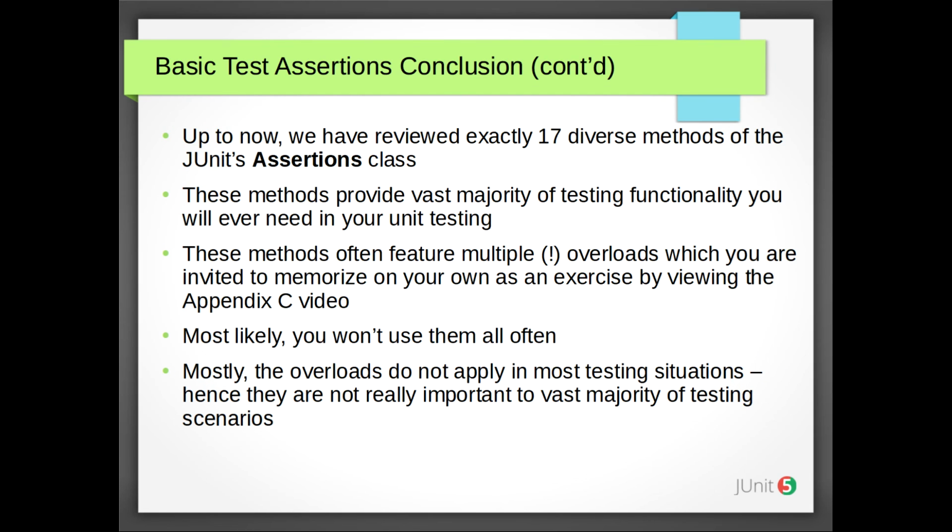Up to now, we have reviewed exactly 17 diverse methods of JUnit's Assertions class. These methods provide the vast majority of testing functionality you will ever need in your unit testing. These methods often feature multiple overloads, which you are invited to memorize on your own as an exercise by viewing the Appendix C video or by reviewing the Appendix C PDF file.